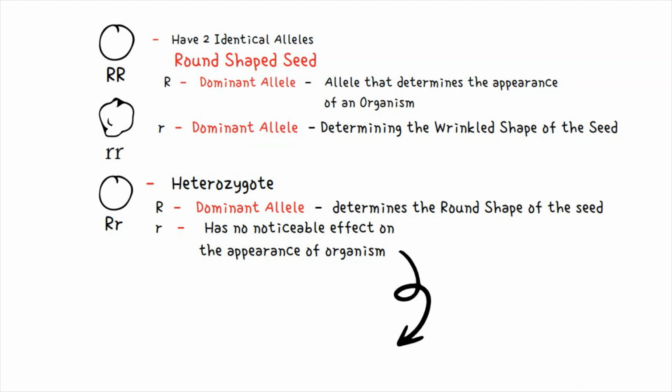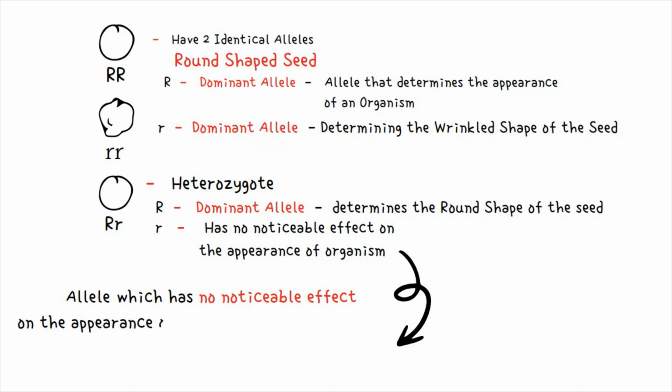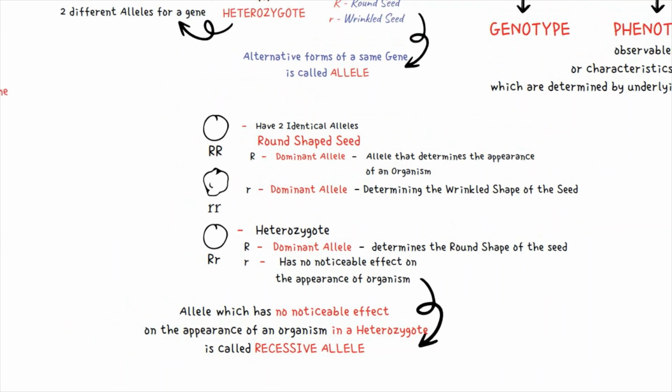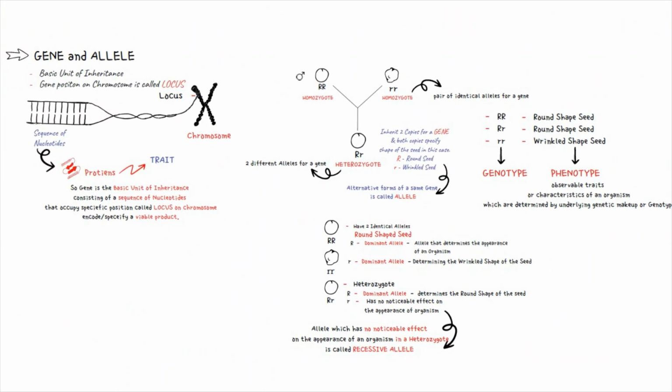So from all these observations, allele which has no noticeable effect on the appearance of an organism in a heterozygote is called recessive allele. So this is all about today's topic.